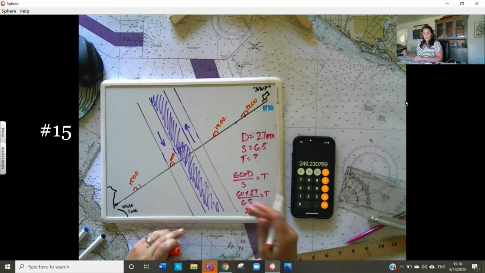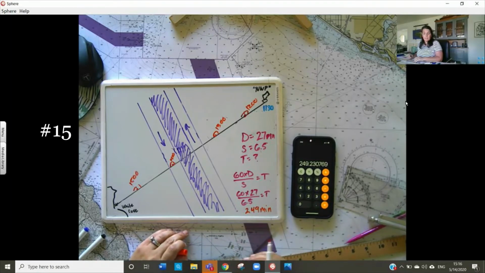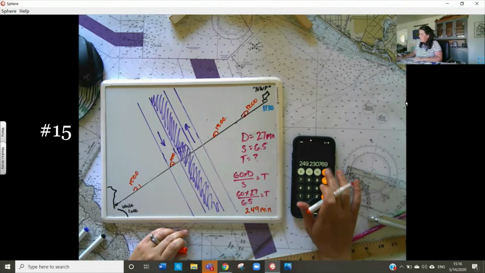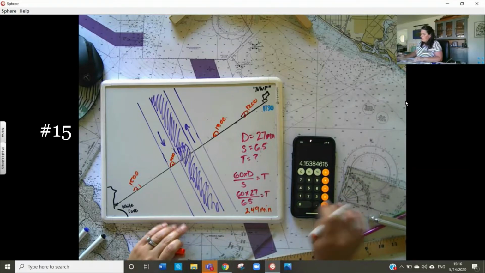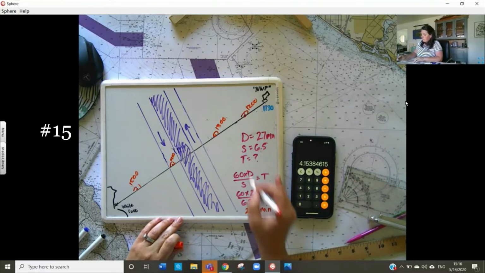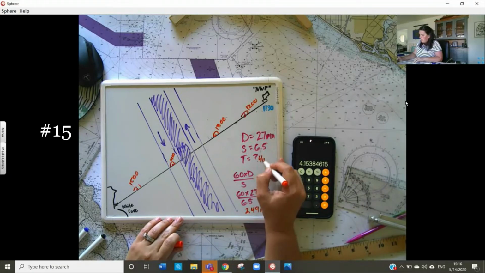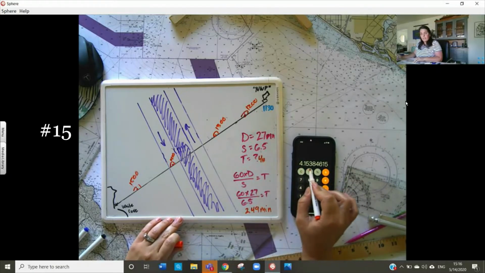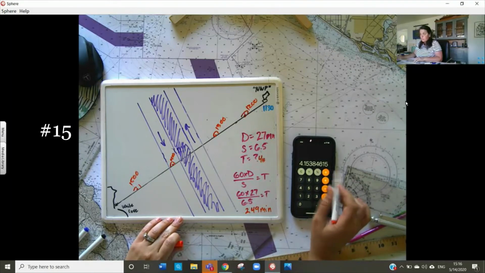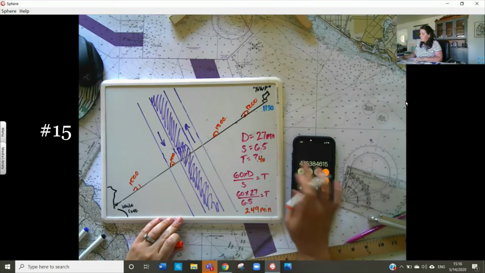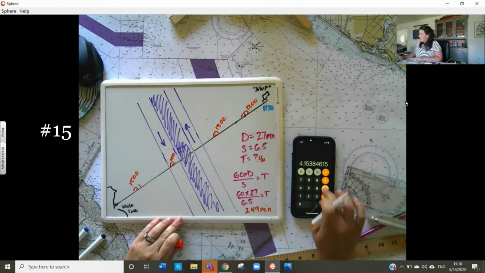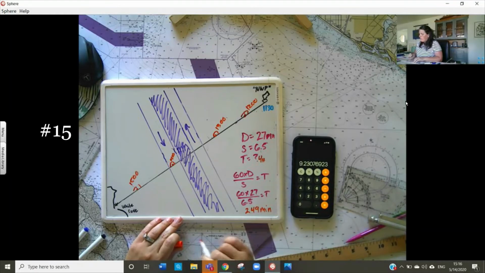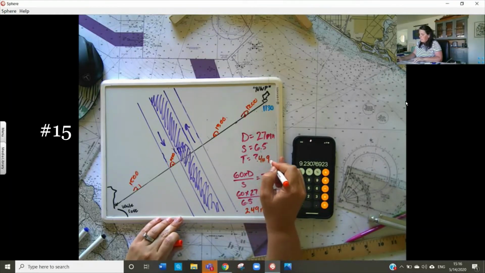So we can either subtract 60 until we get a number that's under 60, or we can divide that number by 60, and we get 4 hours, 0.15 decimal number. So in order to convert that back to minutes, I subtract the whole hour. So I'm going to subtract 4, and I'm left with just the decimal portion, and then I multiply that by 60 to put it back into minutes. So I'm left with 4 hours and 9 minutes.